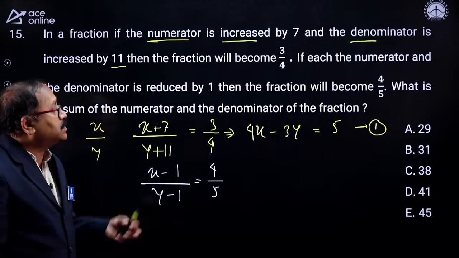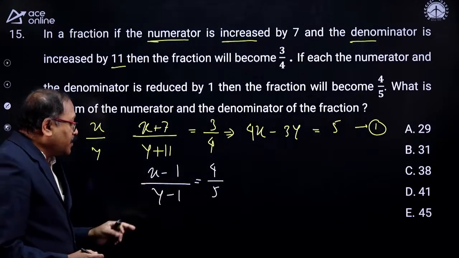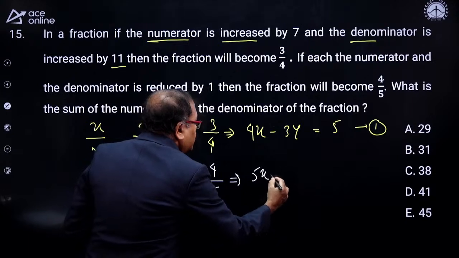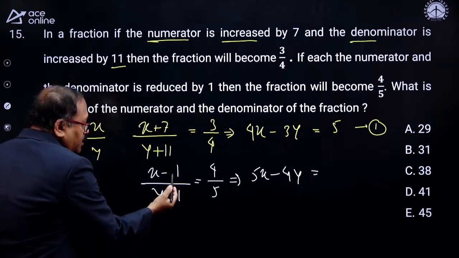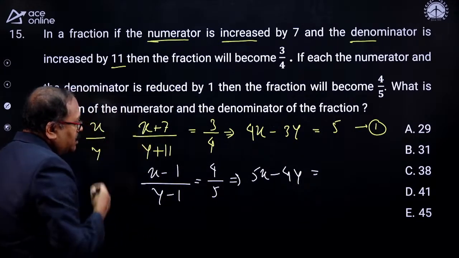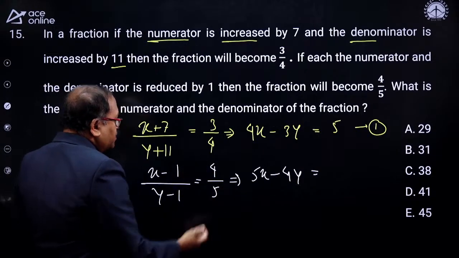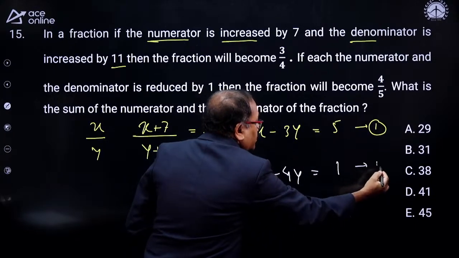So you get the questions I picked up from the previous paper. Now look at this one, that is 5x minus 4y, which is equal to 5 and 4, it is nothing but 1, because it's minus 4 and plus 5, 1. This is our second equation.